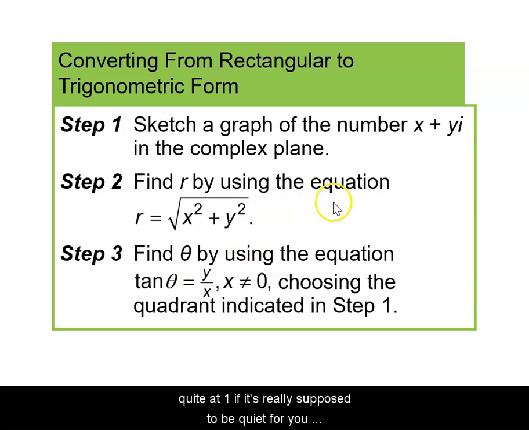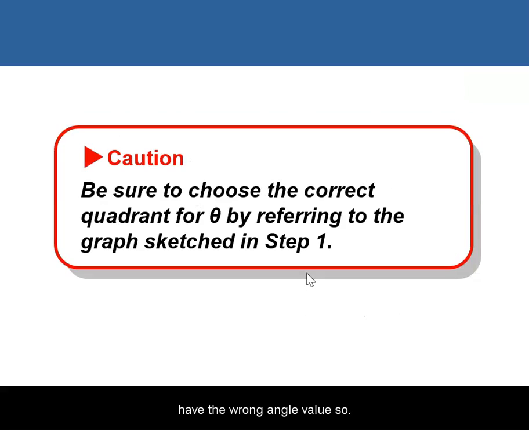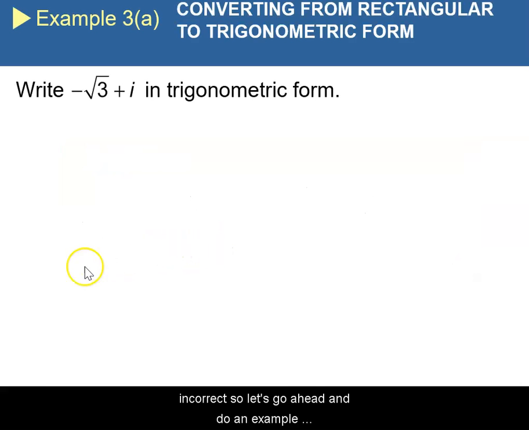You don't want to find something in quadrant 1 if it's really supposed to be in quadrant 4, right? You have a wrong angle value. So very, very important to make sure you choose the correct quadrant, otherwise your polar form of your complex number is completely incorrect. Okay, so let's go ahead and do an example.